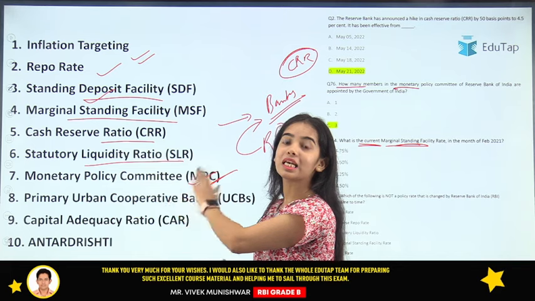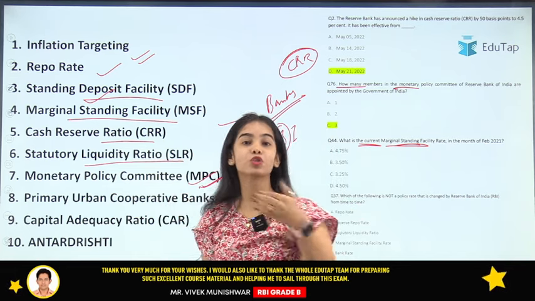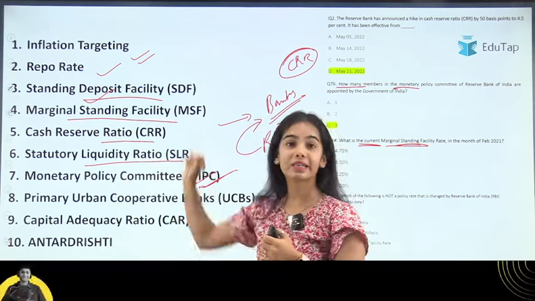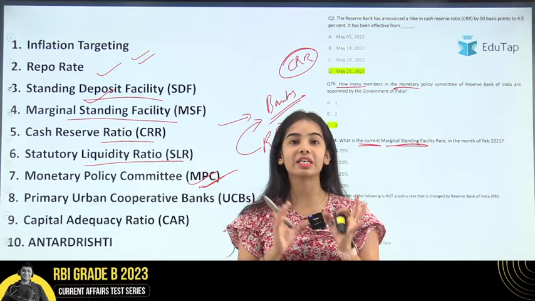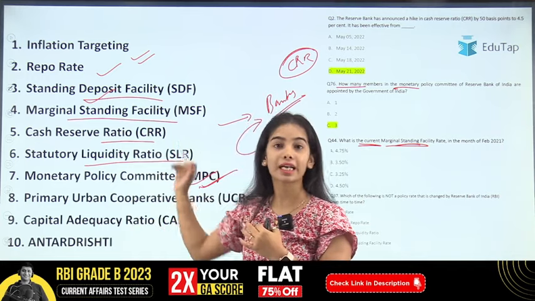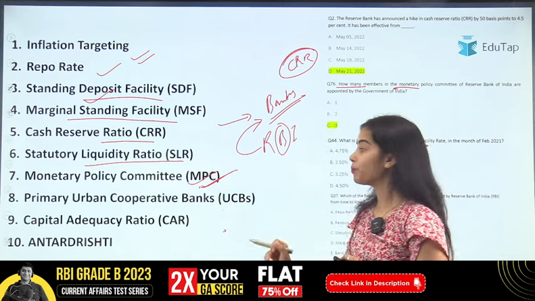The current Monetary Policy Committee meeting that happened in June 2023 is also important. So related to these terms, you need to have the basic understanding, and you need to know the current context, the current news articles about these topics.